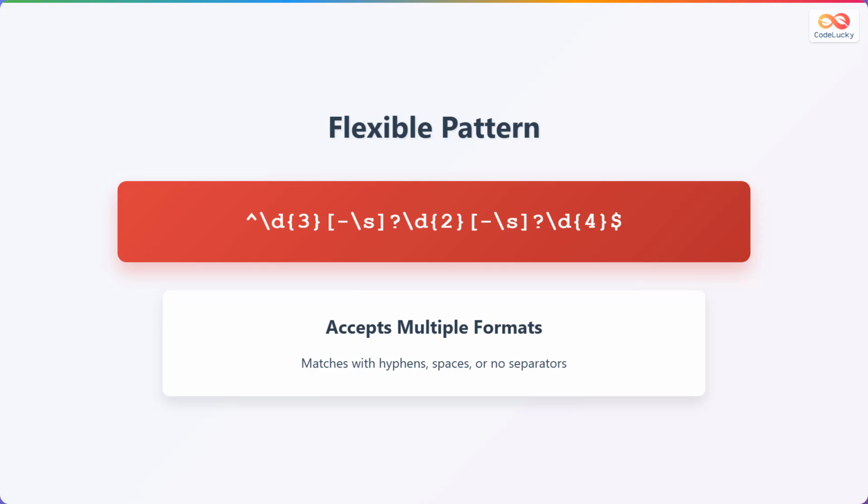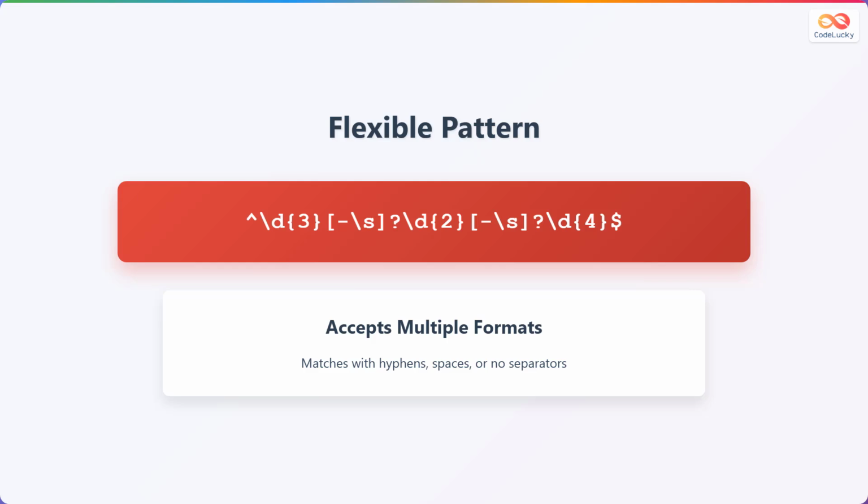Here is a more flexible regular expression pattern that accounts for different separators such as hyphens, spaces, or no separators at all. ^\d{3}[-\s]?\d{2}[-\s]?\d{4}$.